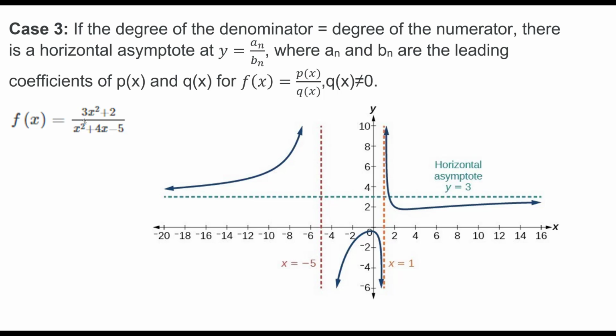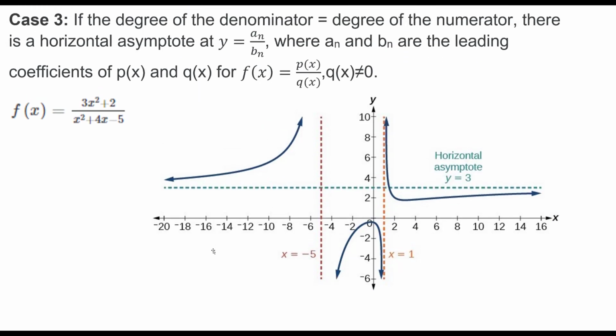So 3x squared over x squared. We're looking at those leading terms. As x gets really big, the other parts become less meaningful. It's 3x squared over x squared, and the x squareds cancel, so it's 3 over 1, leading coefficient over leading coefficient. And that's why this asymptote here is at y equals 3. We still have these vertical asymptotes, as we talked about before. But those are the three cases.